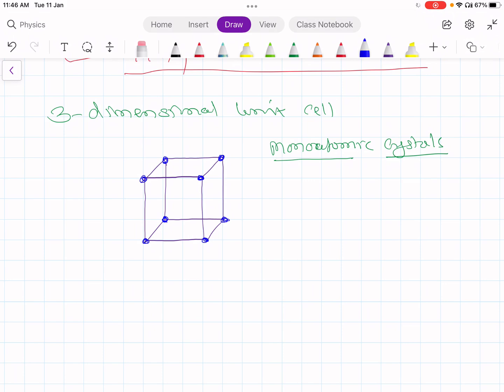Now the arbitrary arrangement of crystal axes is marked by X, Y, Z. This is the direction X, direction Y, and direction Z. Remember that this is very important.